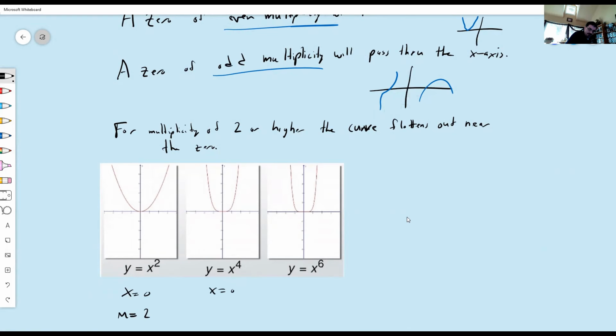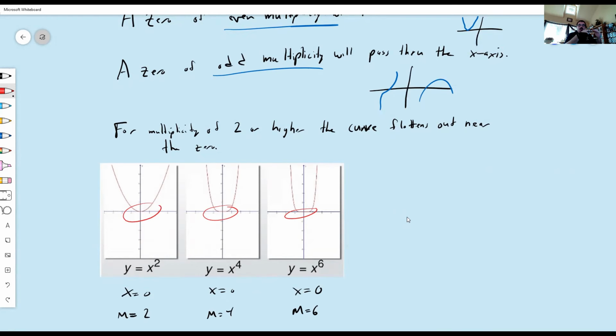X is 0 for y equals x to the 4th, m equals 4. X equals 0 for x to the 6th, m equals 6. And you look right here, near this 0, it gets flatter and flatter. Again, this is just an example using evens. Odds behave the same way.